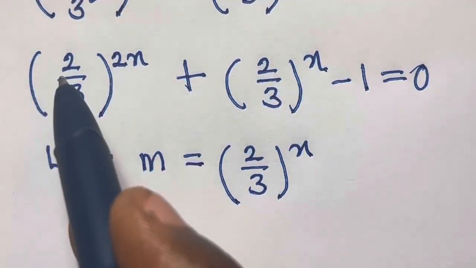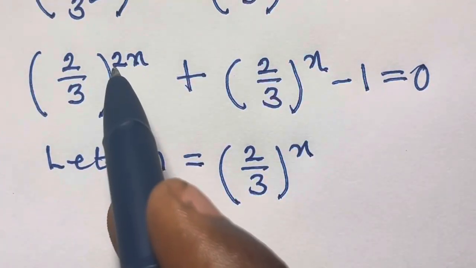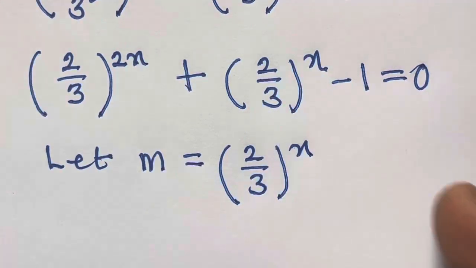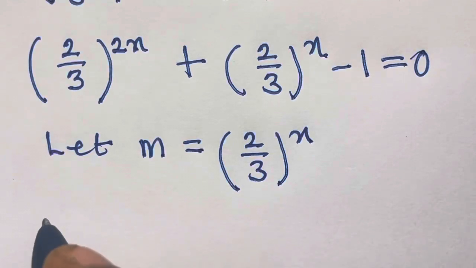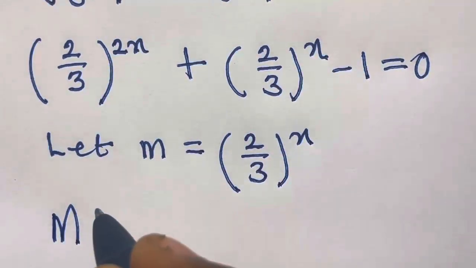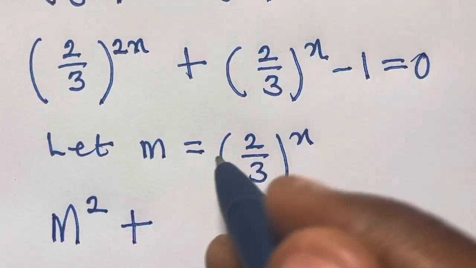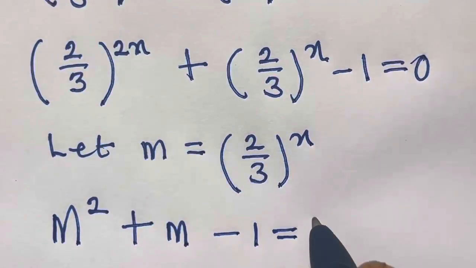Here you see we have 2 divided by 3 raised to power x, raised to power 2, and here we have 2 divided by 3 raised to power x. So applying this, this will be m squared, right, plus m minus 1 equals 0.